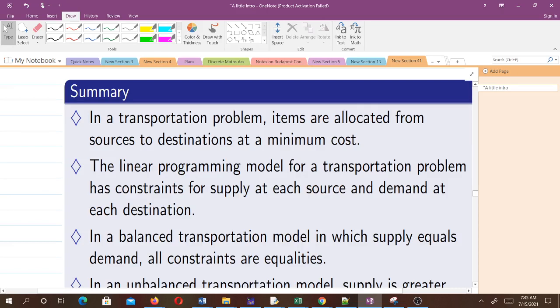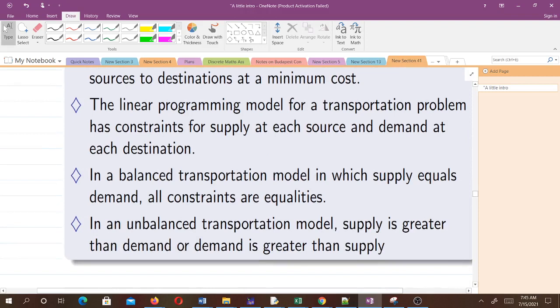So in a balanced transportation model in which supply equals demand, all constraints are equalities. And in an unbalanced transportation model where supply is greater than demand or demand is greater than supply, we can have equalities and inequalities, a mixture of the two. All right.